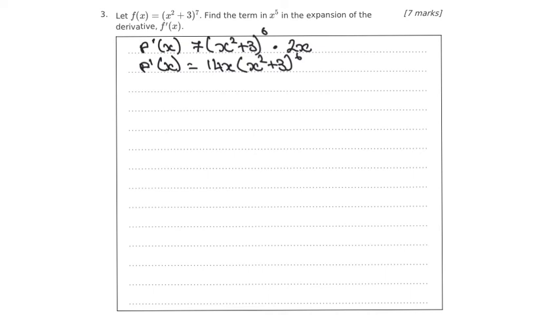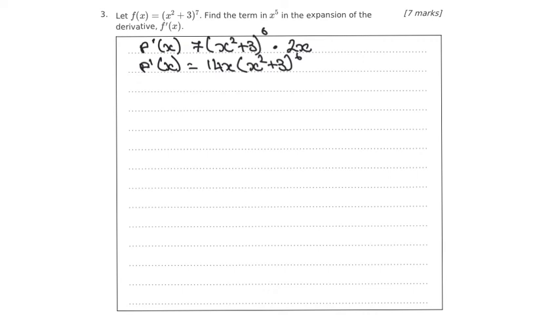We now have to expand the bracket (x squared plus 3) to the power of 6. We want eventually to have the x to the power of 5 term. Because we are multiplying by an x outside, we want the x to the power of 4 term for the bracket.